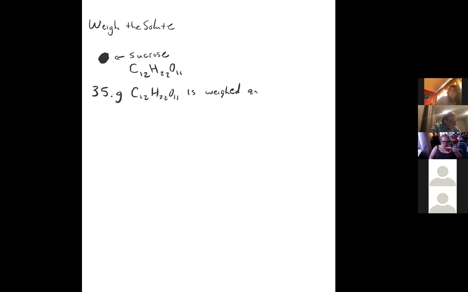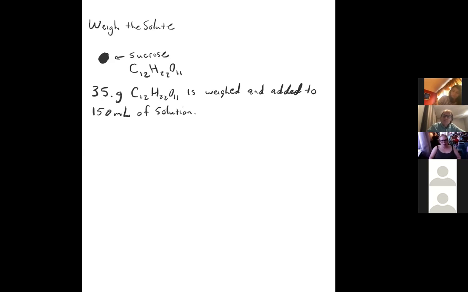And added to, let's make it, 150 milliliters of solution. Now, it's interesting to pick the 35 grams.